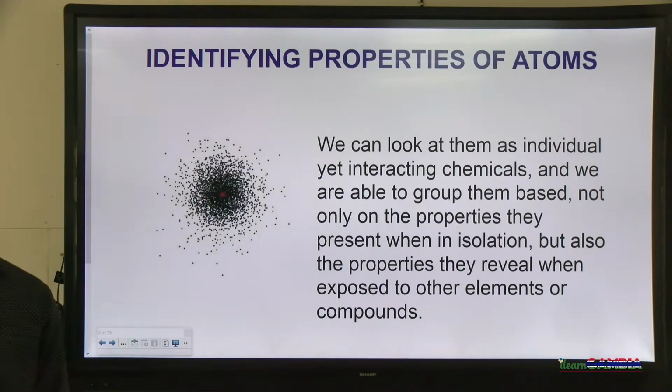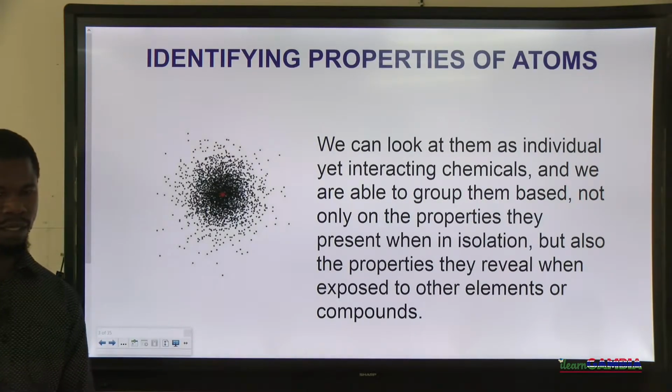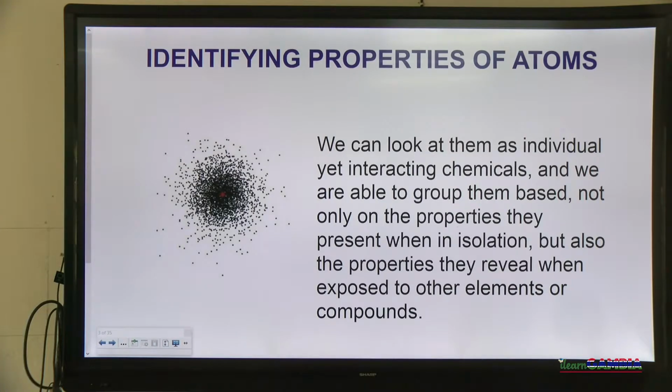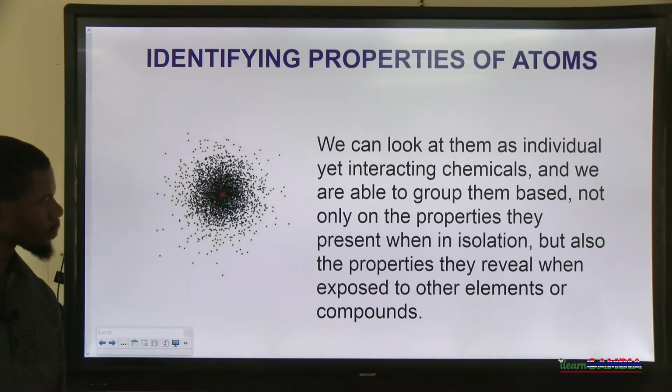So looking at all these properties, the periodic table will give you an in-depth knowledge of the properties of elements when in isolation, and also properties that you can predict if you want to form new compounds.